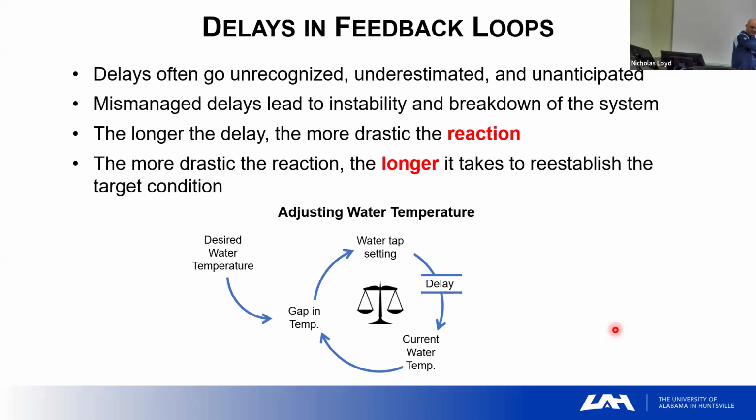Then what happens? It goes further. And then a few seconds later, what happens? It gets a lot hotter, because the temperature I wanted was back here, but I didn't feel it till later and I kept turning. Then by the time I feel what I like, I've turned further. So even if I stop turning it, it reaches the temperature of where I turned further and it scalds me.